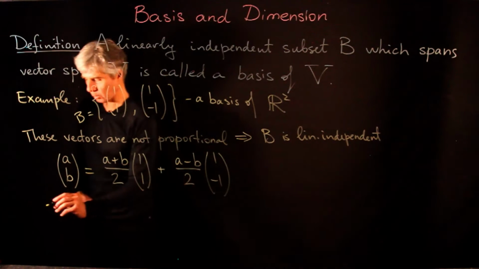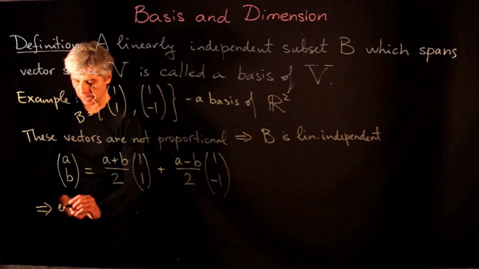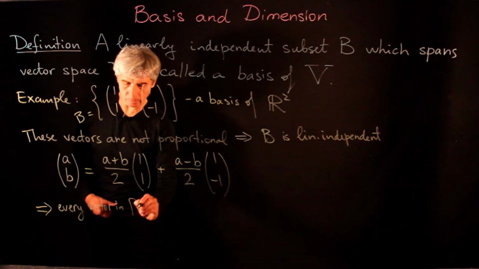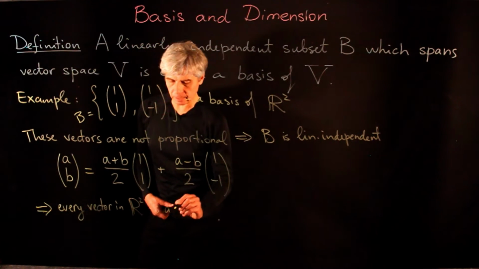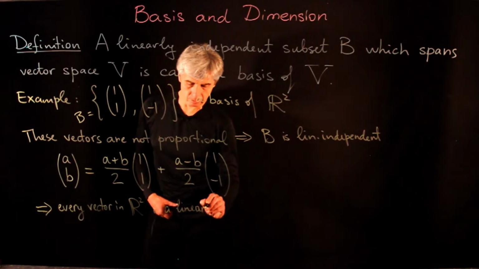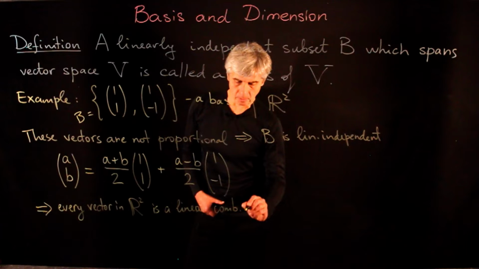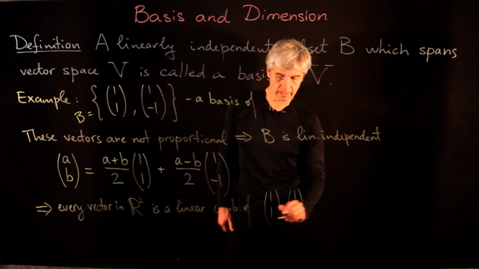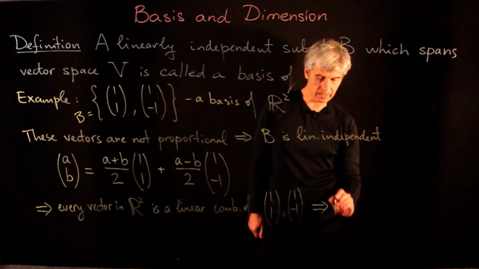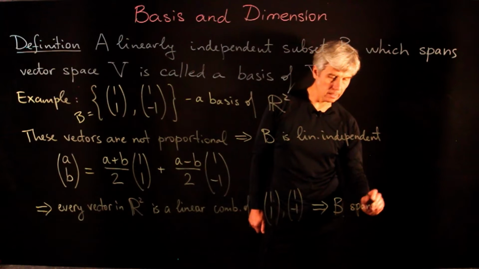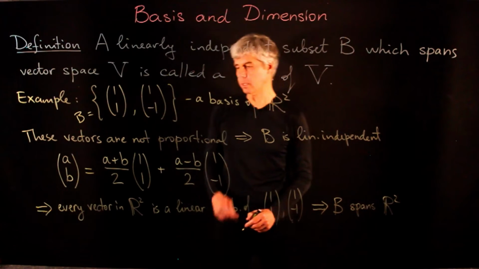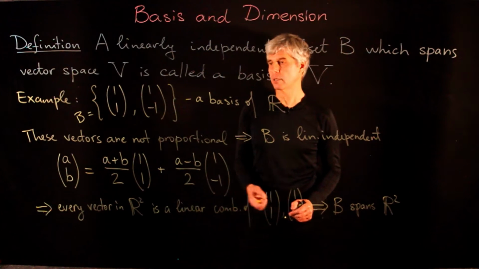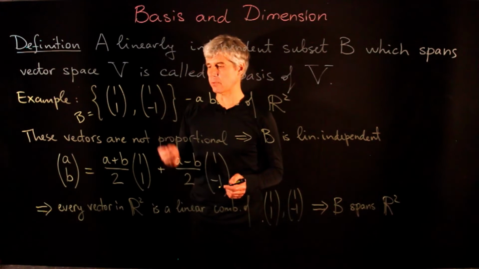And so the conclusion is that every vector in R2 is a linear combination of these two vectors, 1, 1 and 1, minus 1. And that exactly says that B spans R2. So the set of all linear combinations of these two vectors is the set of all vectors in R2. So this means that this set satisfies both conditions.